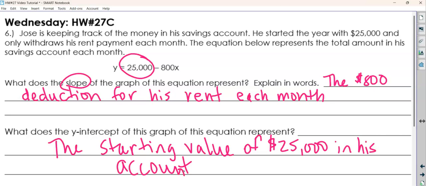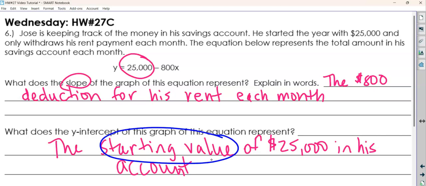The $25,000 represents the initial value, the starting amount, the beginning value, beginning amount. All of those words would be acceptable in here, but it must state that it is the starting point of those values.